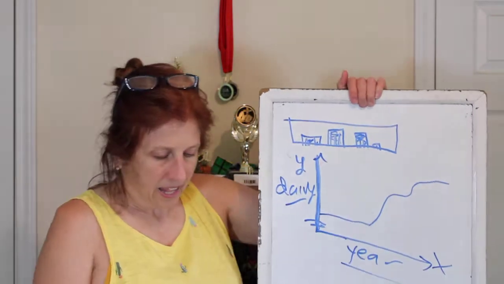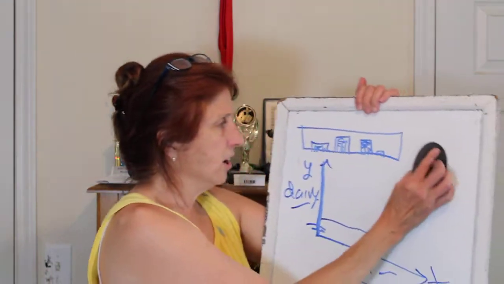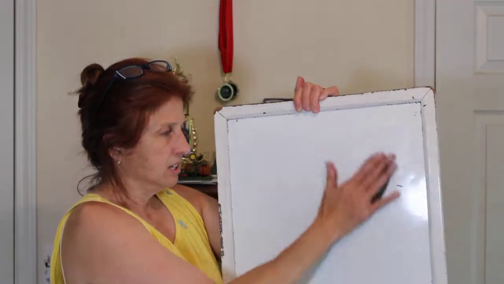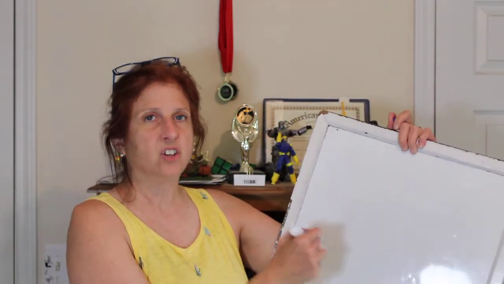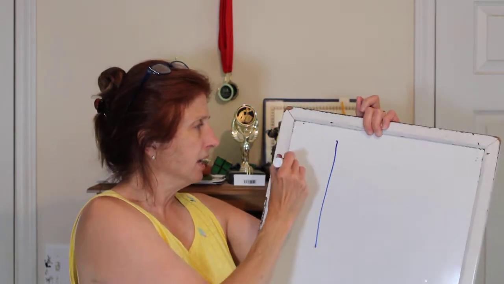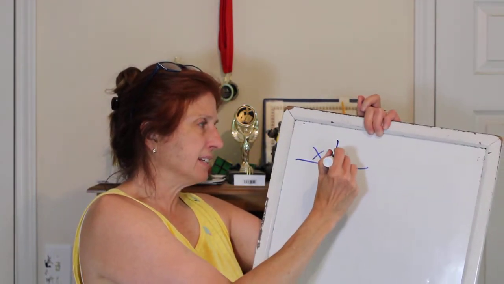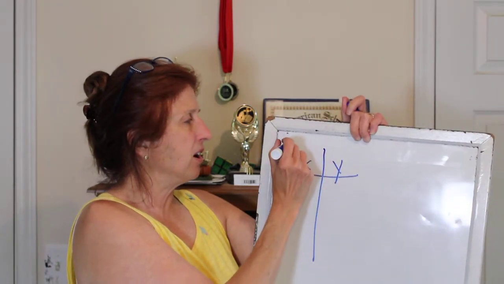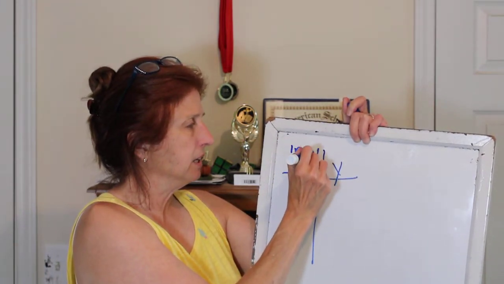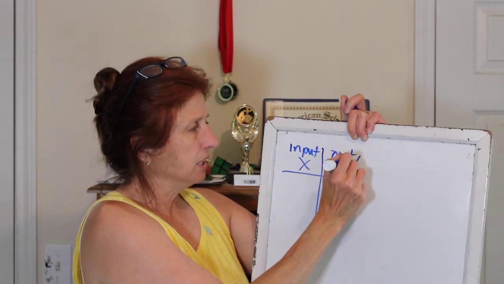The second one is that you can make a graph with points, and a lot of times the data you put in, the points, are X and Y is what the data is called. Sometimes it's called input and output.